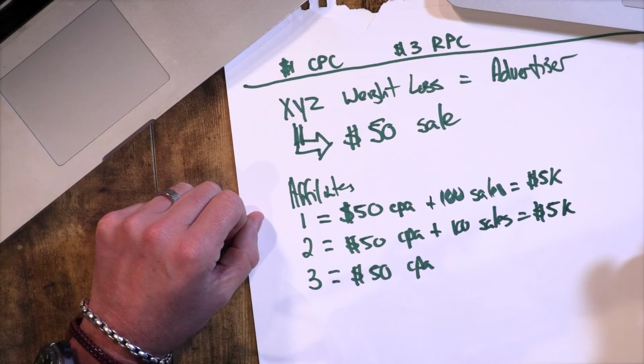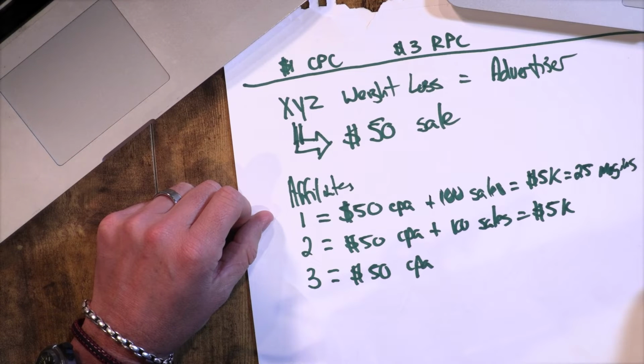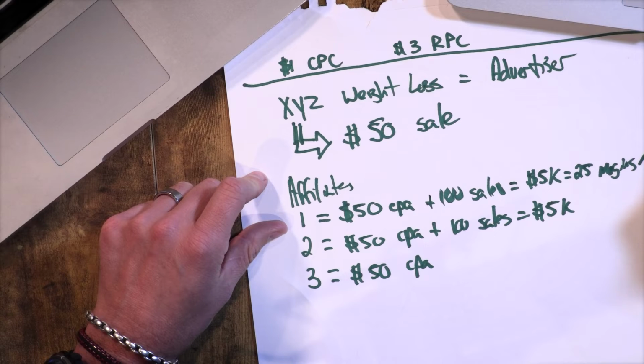Now in this scenario, let's say this guy got 100 sales. He's also making 5K. Well, what happens if this guy wants to work on 25% margins? What can he afford? Well, what's 25% of 5K? What is that, $1,250 they make? Is that right? So they're gonna profit $1,250, and the allowable would be $3,750.